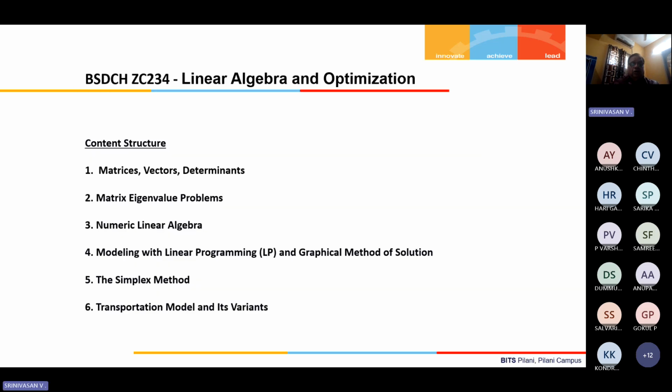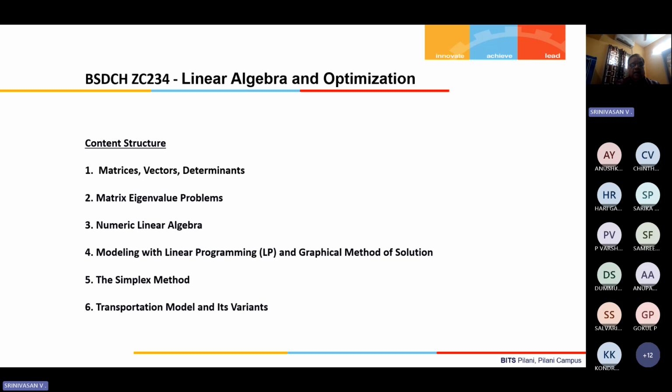The course structure is spread over 6 modules: matrices, vectors, determinants, matrix eigenvalue problems, numeric algebra, and modeling with LPP, linear programming problems. First with the graphical method, and then we have different methods, the simplex method, dual simplex method.